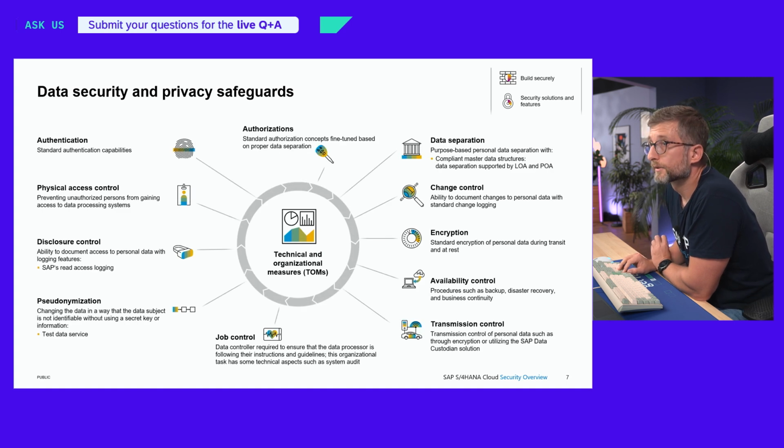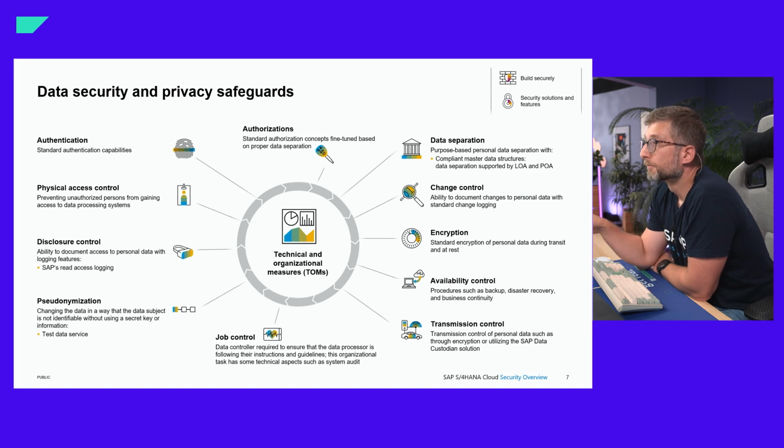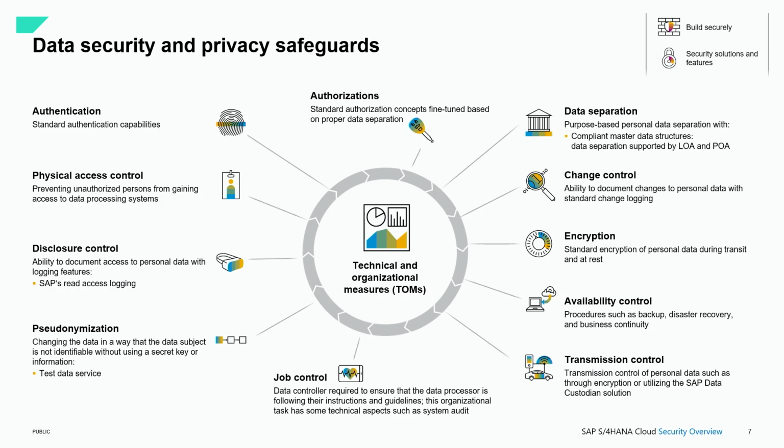Regarding data security and privacy safeguards, of course, the features mentioned before are available as well. In addition to that, further features are available, for example, disclosure control regarding sensitive personal data and change control regarding change logging of personal data.